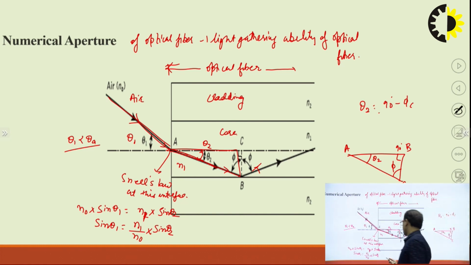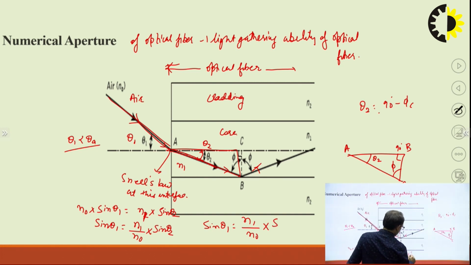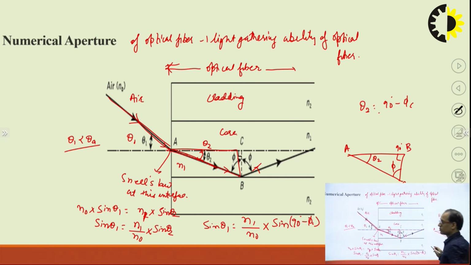Just put this value here: sin theta 1 is equal to n1 upon n naught into sin(90 degrees minus phi C), which is equal to n1 upon n naught into cos phi C, where n naught is the refractive index of air, which is equal to 1.